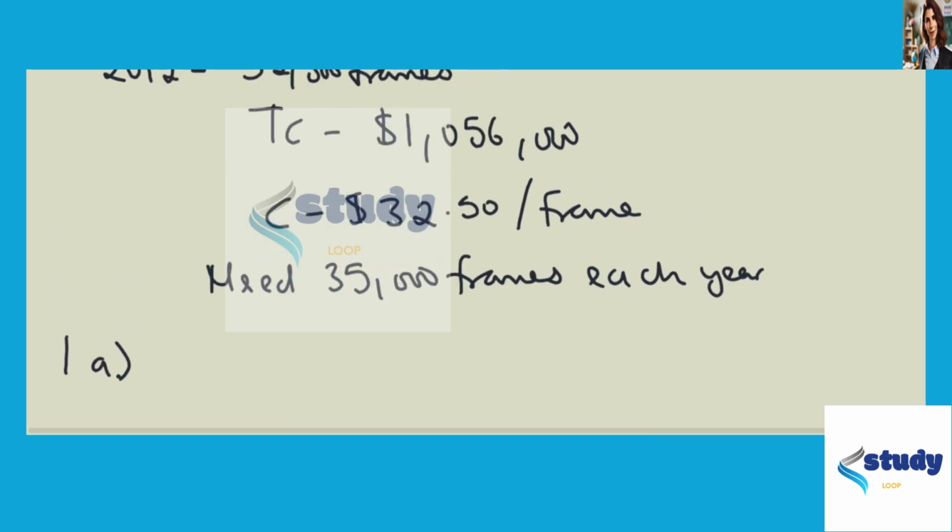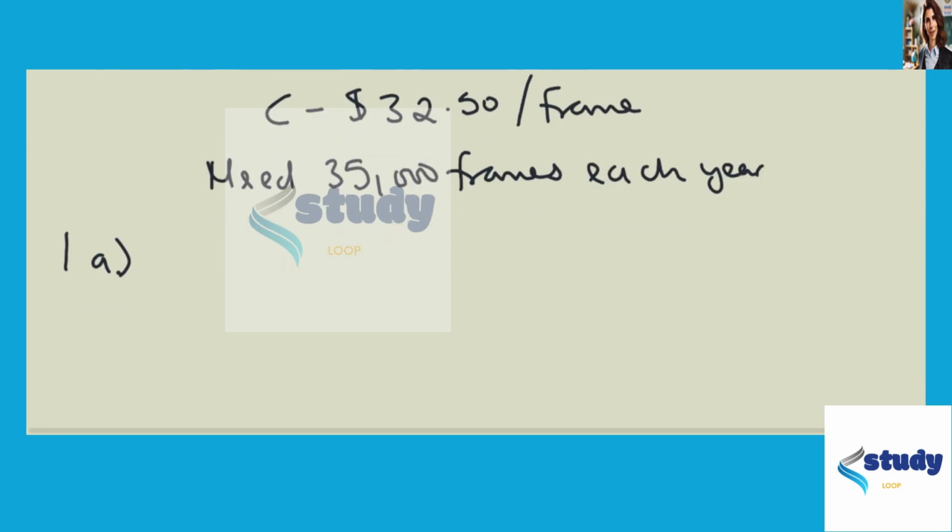Now, the first question is, what is the average cost of manufacturing a bicycle frame in 2012? And how does it compare to Ryan's offer? Given the question, we're given the amount of frames they produce, the total cost, the cost of each, and what they need. The average cost of a frame, which is AC, will be the total cost divided by the number of frames produced.